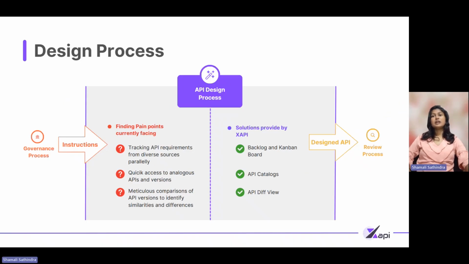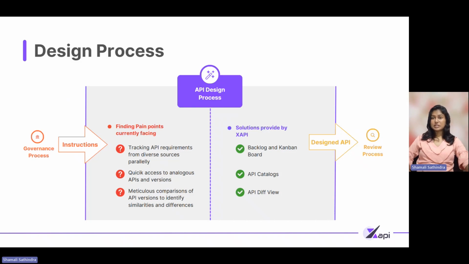Design process. Once the prioritized API requirements are pushed to the design process, designers should ensure well-designed, documented, and standard-compliant APIs. Once the design team receives multiple new API requirements, they must ensure the implementation of these API requirements efficiently, in addition to their existing workload.